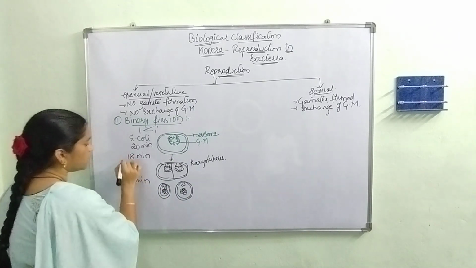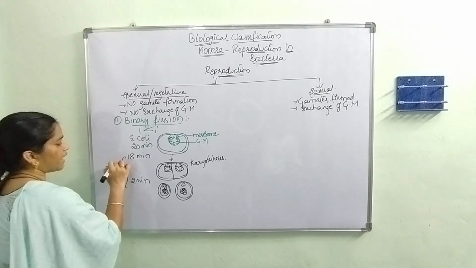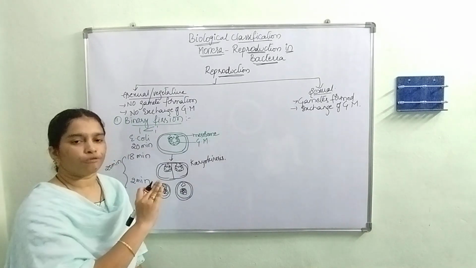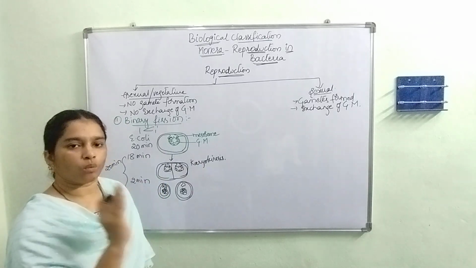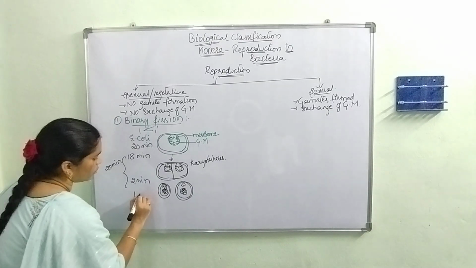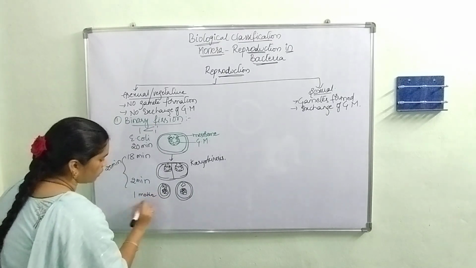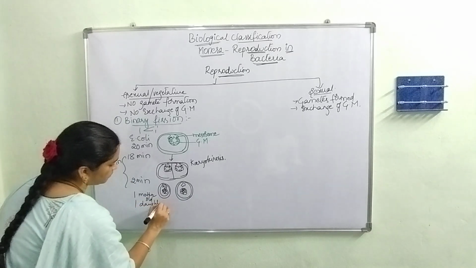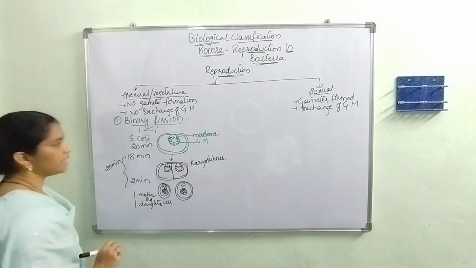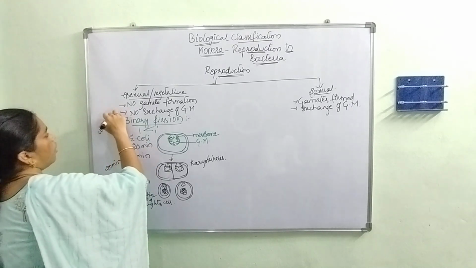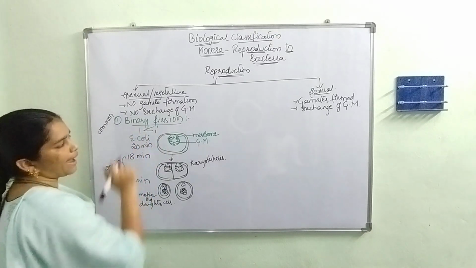So overall, it takes 20 minutes for one duplication. That is, one cell forms one new and one old cell. One is the mother cell, which is the old cell, and one is the daughter cell, which is the new cell. This is binary fission, the most common procedure in bacteria.